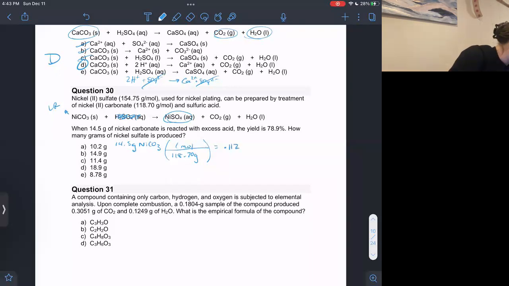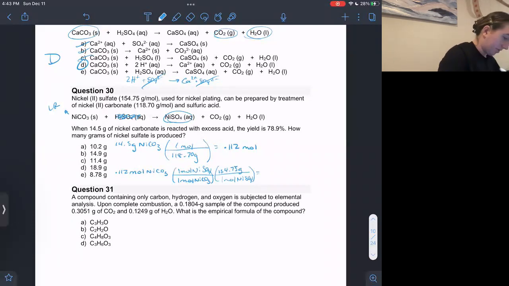This is 0.112 moles of nickel carbonate. 1 mole of nickel carbonate is equal to 1 mole of nickel sulfate, and then 1 mole of nickel sulfate is equal to 154.75 grams. So then 0.112 times 154.75 is equal to 18.9 grams.